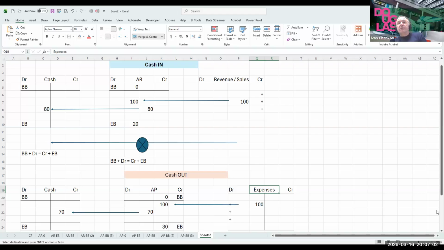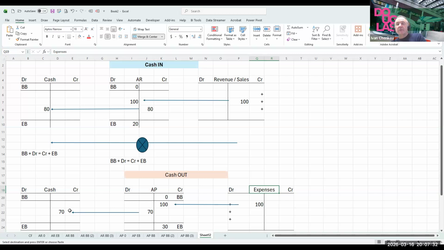So, for that reason, instead of doing sales and then chasing the accounts receivable and cash, can we just start with the net income and then see what changes in the accounts receivable and what changes in the accounts payable, to figure out what's happened with cash? Can we do that?